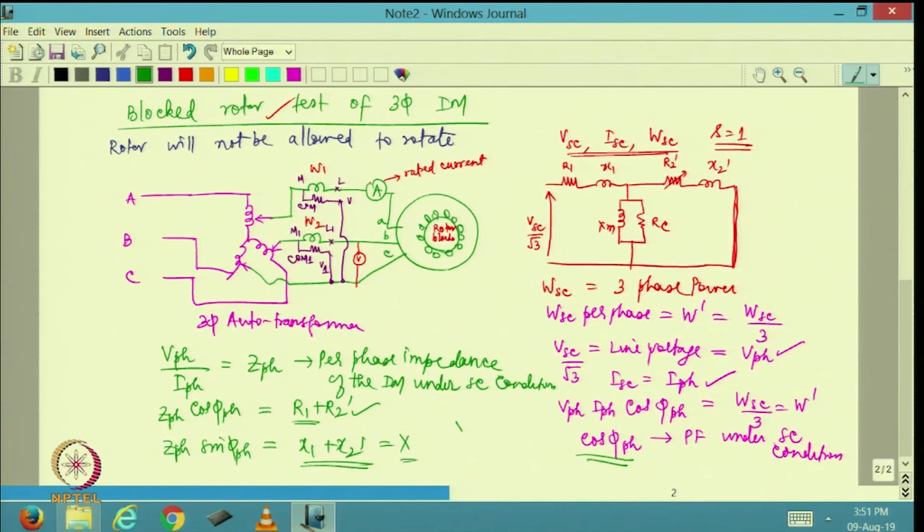So, I can say X divided by 2 will be equal to X1, which will also be equal to X2 dash. So, block rotor test will allow me to get R1, X1, R2 dash and X2 dash, whereas the open circuit test or no load test or free running test, which we discussed earlier, will allow me to decide what is XM and RC. So, both these tests together will allow me to decide all these things now.